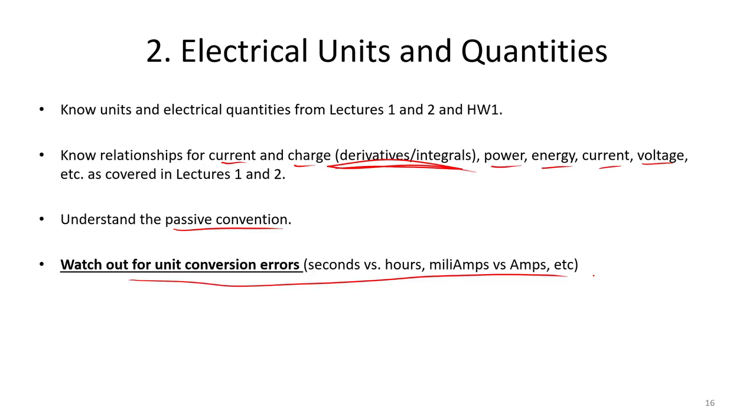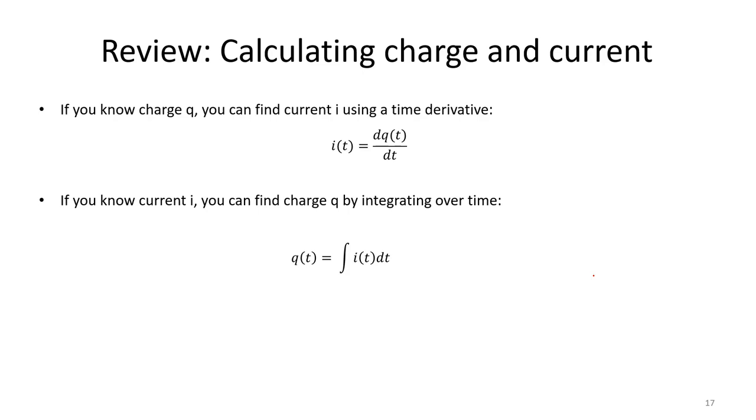Let's just briefly review a couple key points. First is charge and current. Please remember, if we know our charge Q, we can take the time derivative to find current. Similarly, if we know our current, we can find charge by integrating over time.